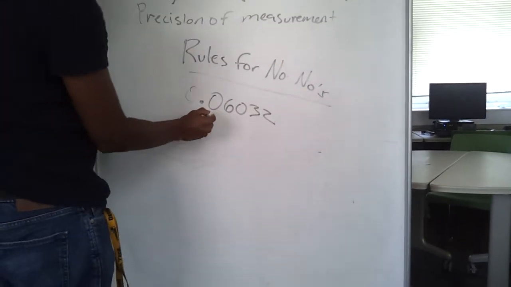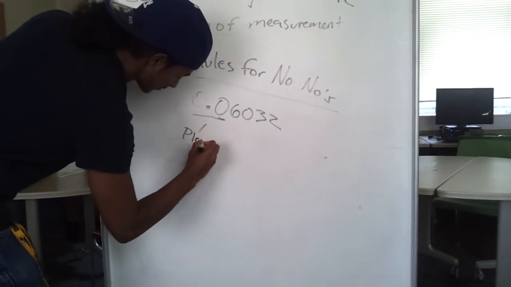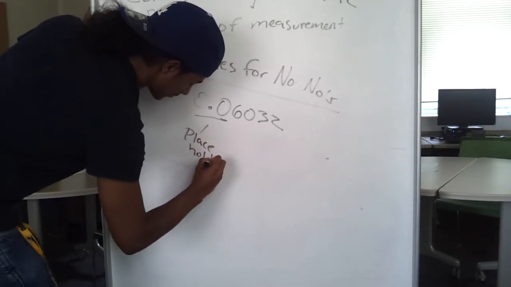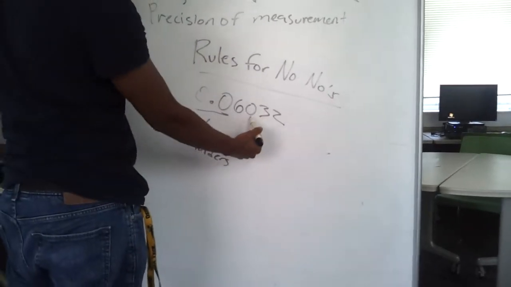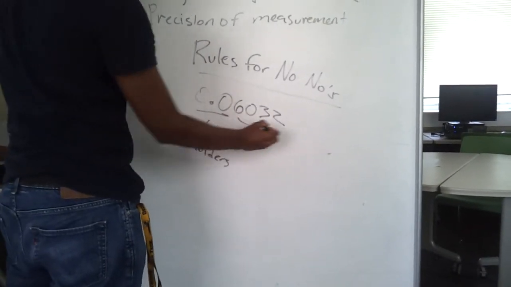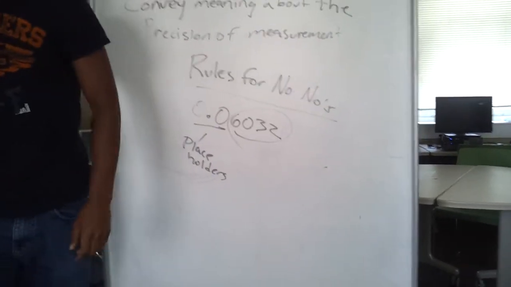These 2 zeros right here are only placeholders and are not considered significant figures. So the 6, the 0, 3, and 2 are considered significant figures. So that would give you 4 significant figures.